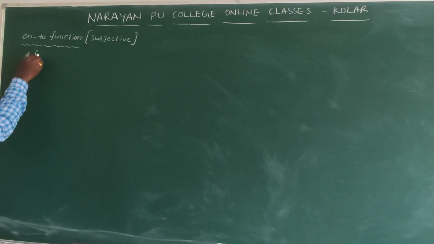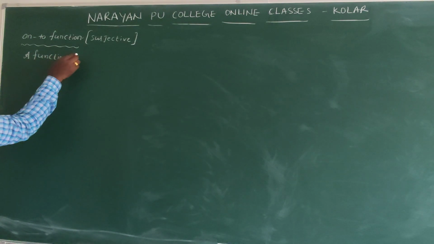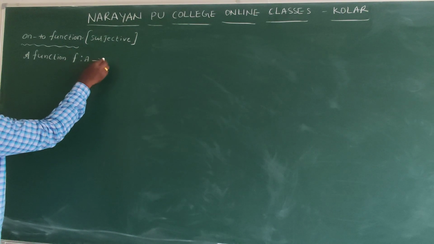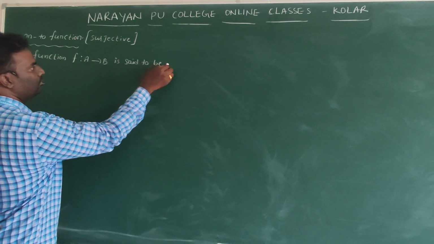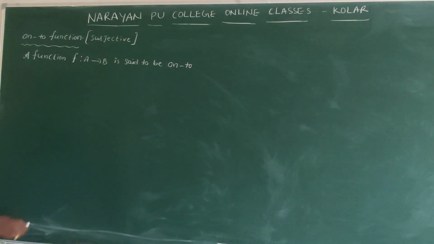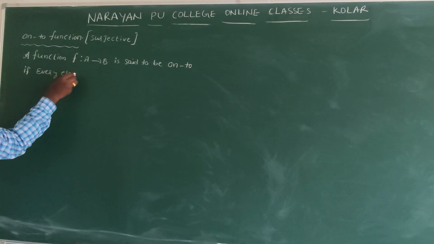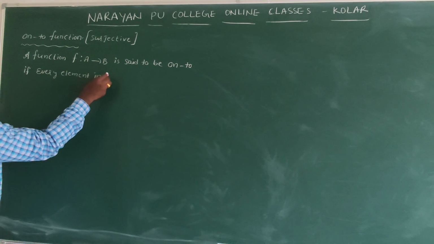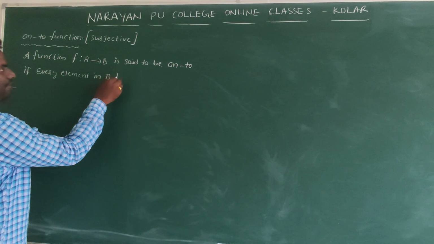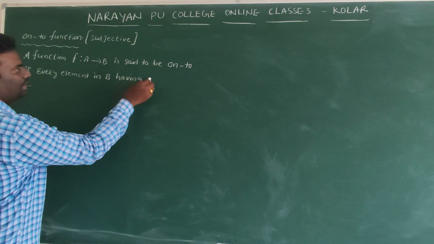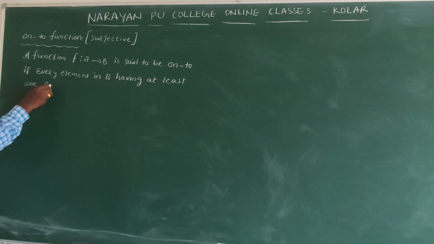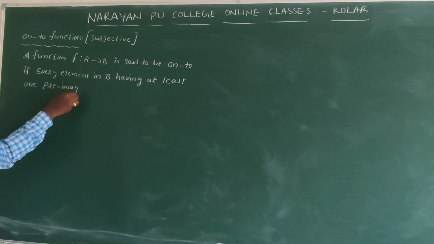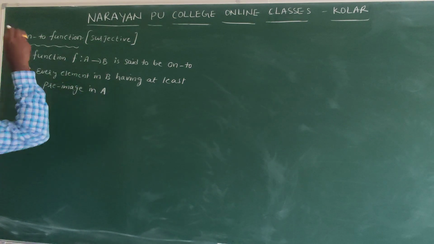A function f maps A to B is said to be onto if every element in codomain, that is B, having at least one preimage in domain.